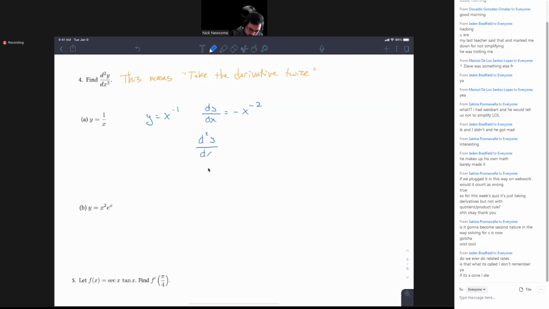All right, so now we have this, whoops, writing everything backwards. No, I'm okay. d squared y dx squared just means take the derivative again. So I take the derivative again, and it's another power rule. I get 2x to the minus 3.